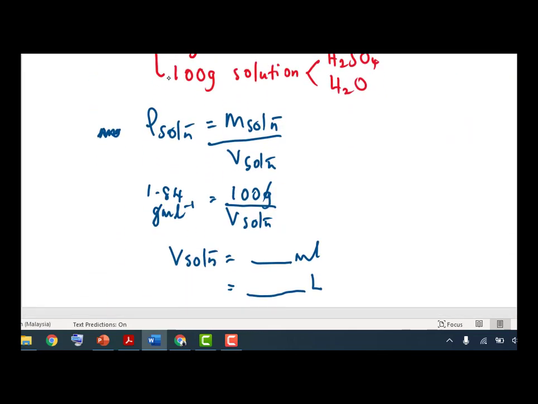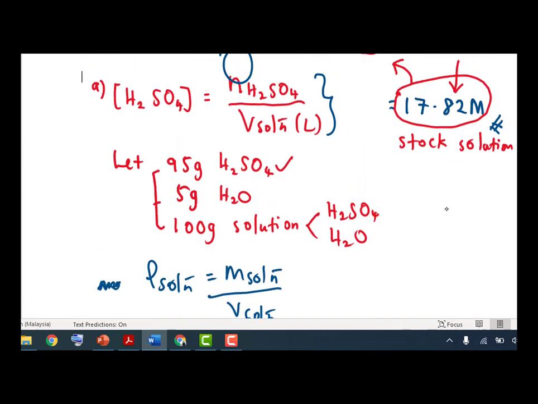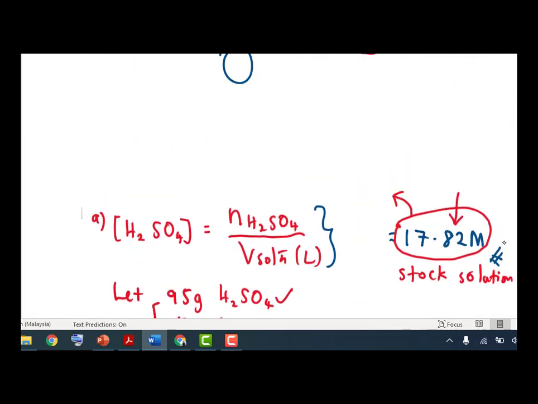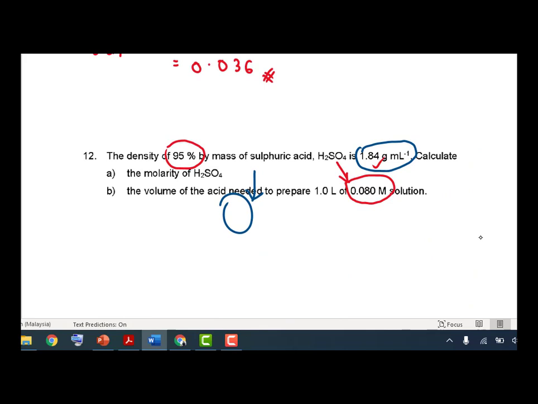Okay, next is to write M1 V1 equals M2 V2. For question B, M1 V1 equals M2 V2 means the mole before the dilution is the same as after the dilution.